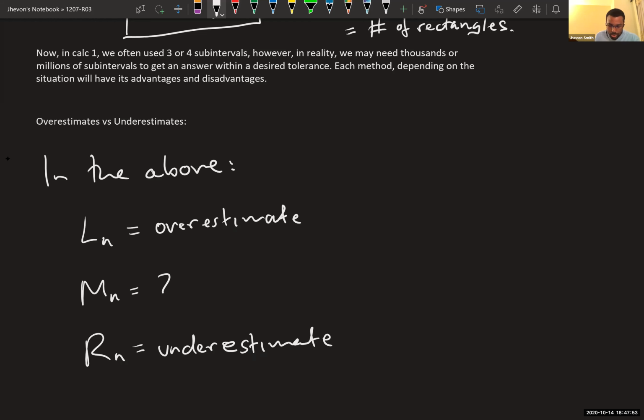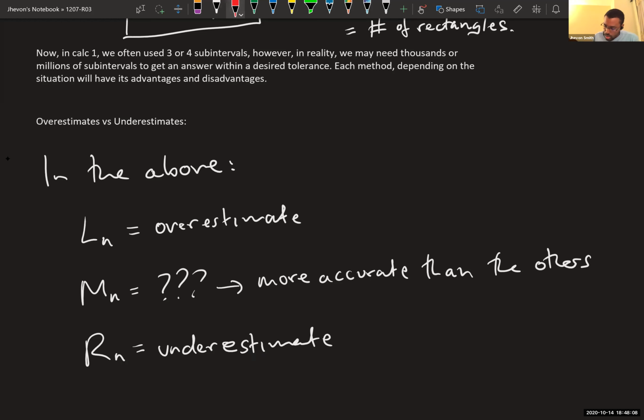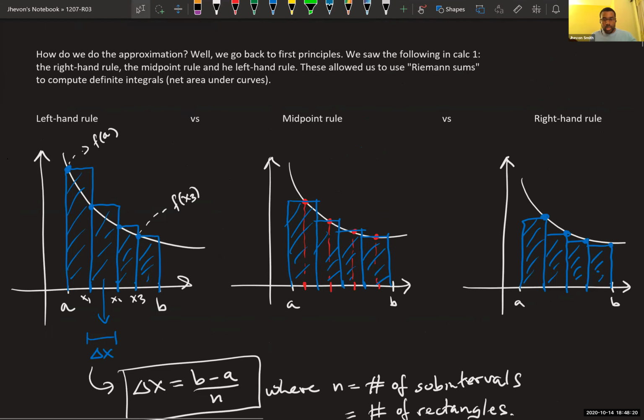And this one, well, you don't know, but it's more accurate than the other two. In this particular case, the midpoint isn't always most accurate. So it's on a case-by-case basis, right? But that sort of analysis you would have done in Calc 1.